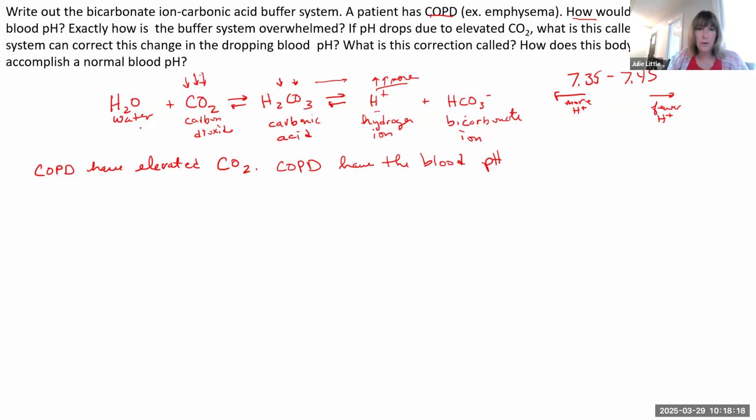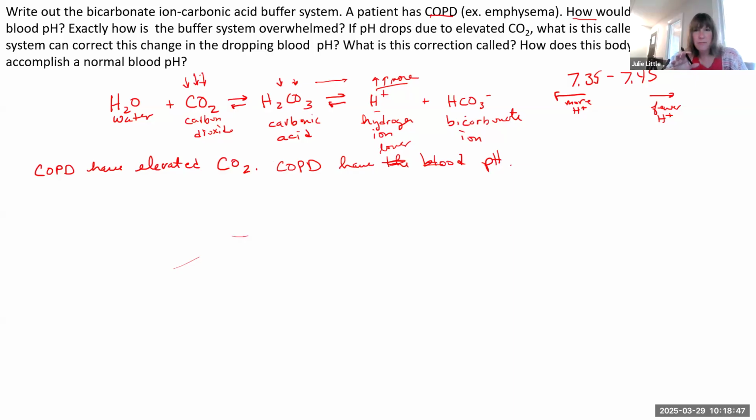Now we have to stay in equilibrium, so it's going to break down and produce more hydrogen ions. The more hydrogen ions you have, the lower your pH. So COPD patients have a lower blood pH. Now, I would put that in an actual sentence. I was talking and writing at the same time, but COPD patients have a lower blood pH.